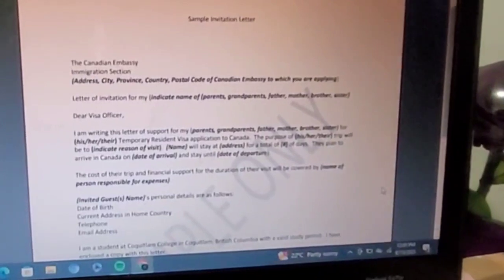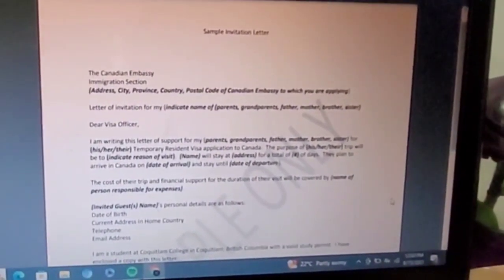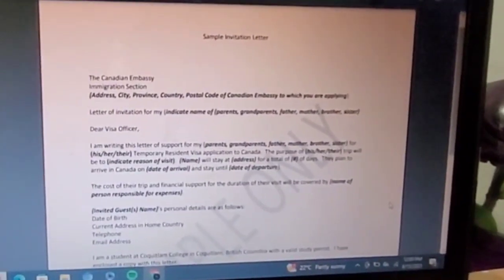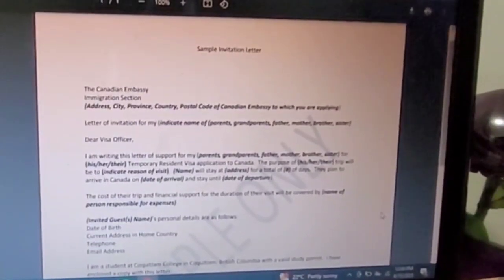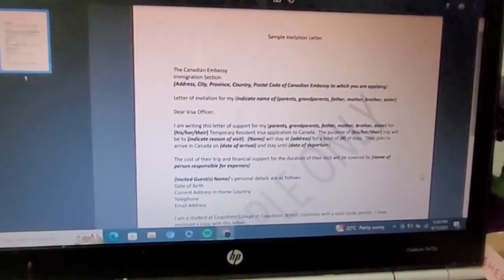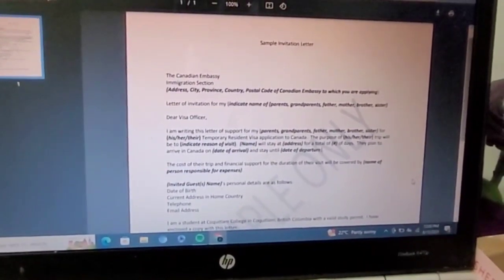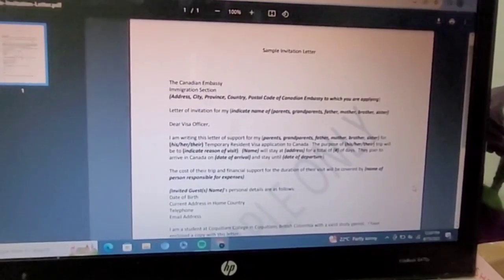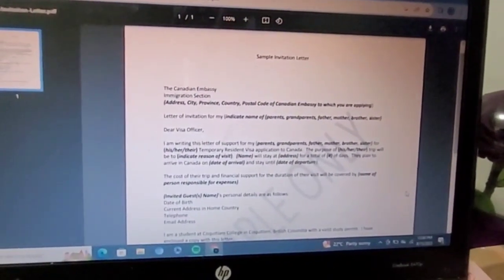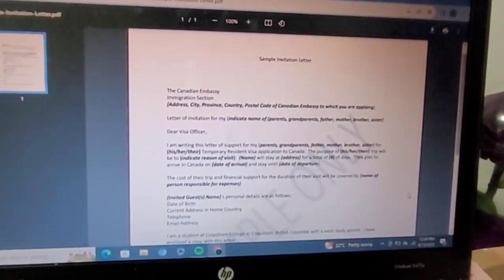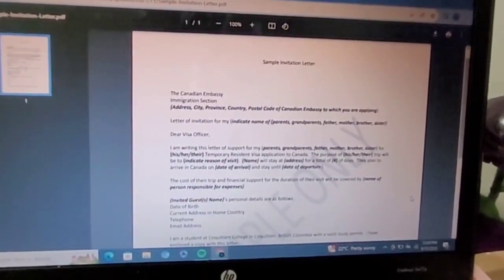Okay guys, so this is an example of what an invitation letter to Canada should look like. First off, you're going to address the Canadian Embassy, the immigration section. You must include the complete address of the embassy that you're applying to. Then you tell who the person is that the letter of invitation is for: your brother, sister, mother, father, parents or grandparents.